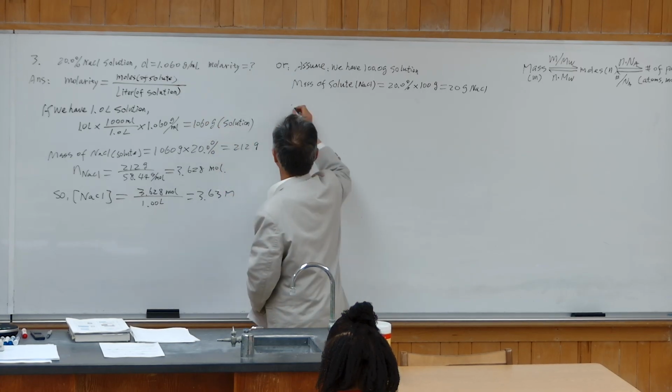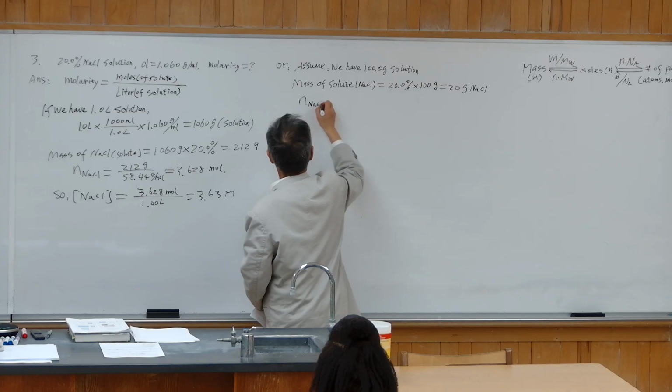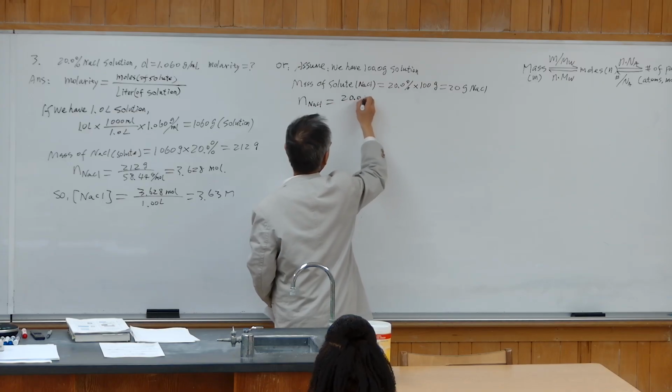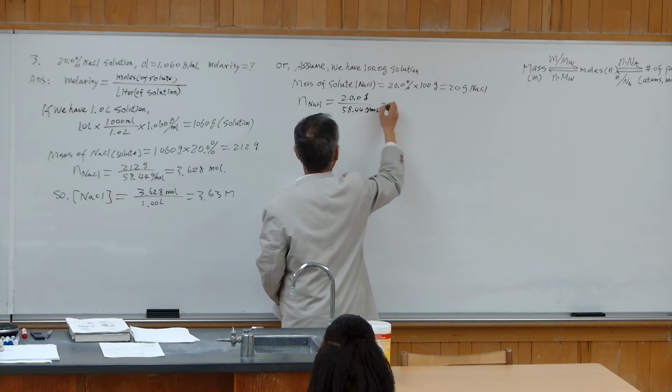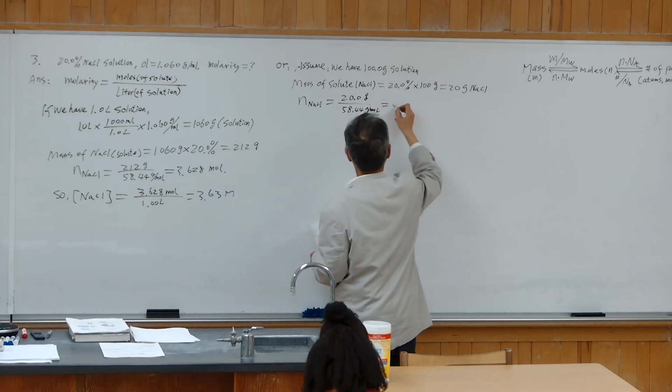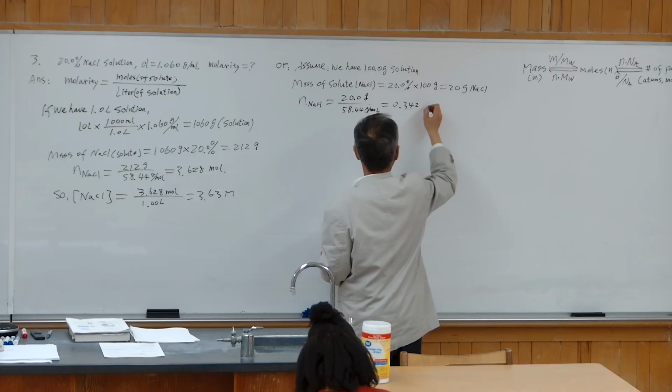The moles of NaCl will be 20 grams divided by 58.44 grams per mole, which gives 0.342 mole.